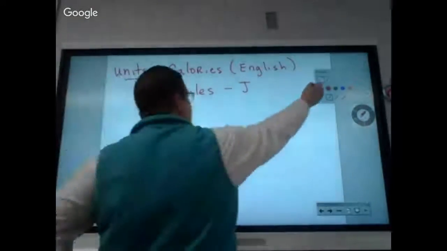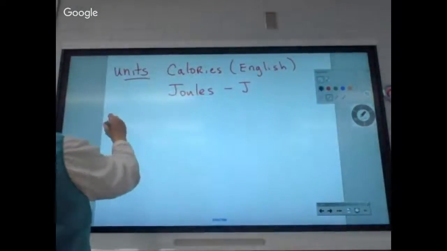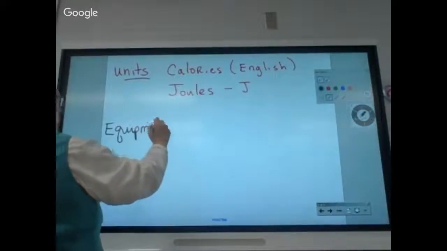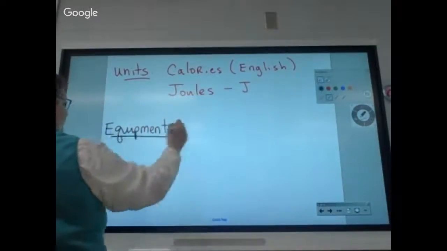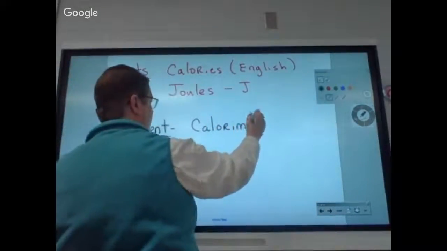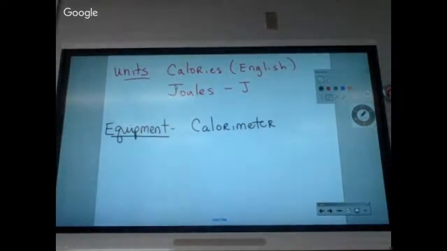Now, the equipment that we will use to do this, hopefully we will get to do this later this semester. I had to cut it in the fall because of the snowpocalypse. All right. We will use a calorimeter to measure heat.